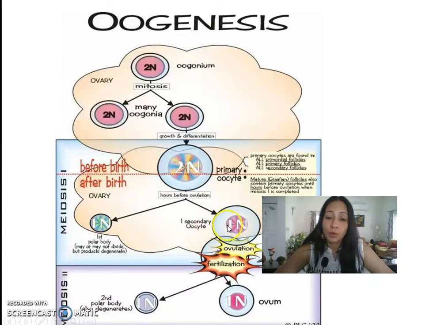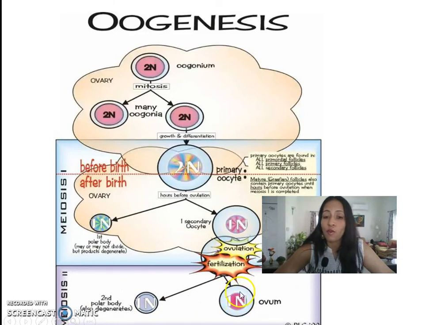Now at puberty, these eggs, the secondary oocytes, are released from the ovary, and when they are about to get fertilized, the second meiotic division takes place, and the secondary oocyte is converted into ovum.